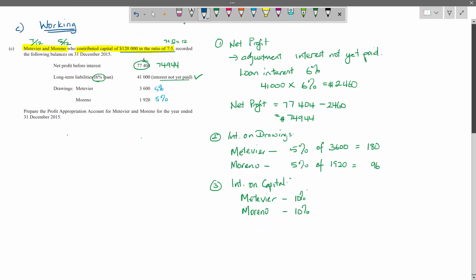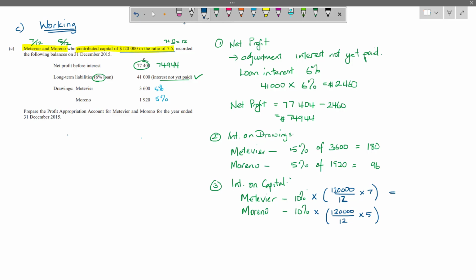So multiplying here, 120,000 divided by 12 parts, multiply by 7 for Mentive, and 120,000 over 12 by 5.